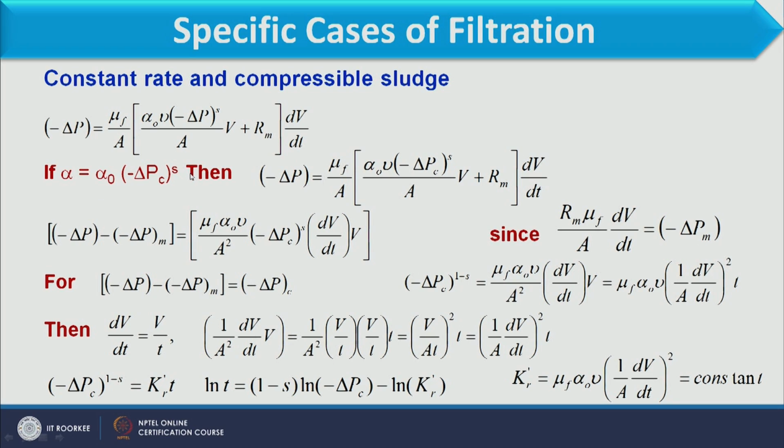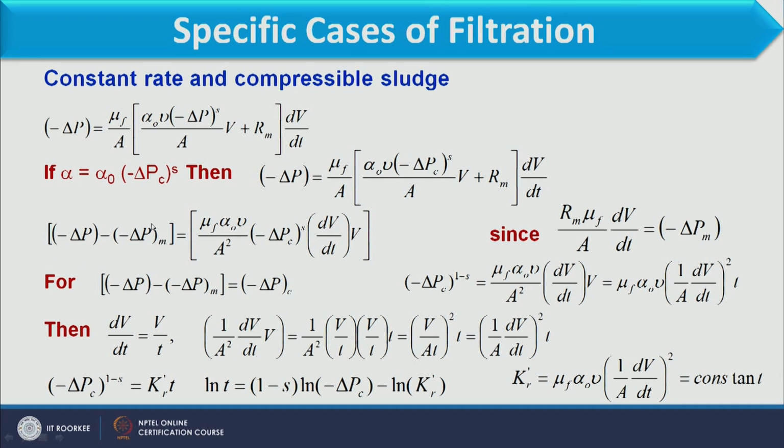Once we define alpha like this, we replace the alpha value in the pressure drop expression. When we elaborate this expression, Rm dV by dt mu f by A is nothing but the pressure drop of media. If we club all these parameters, it will be nothing but the pressure drop across the media, so we can take that to the left side, that is minus delta P minus delta Pm, equal to this expression.